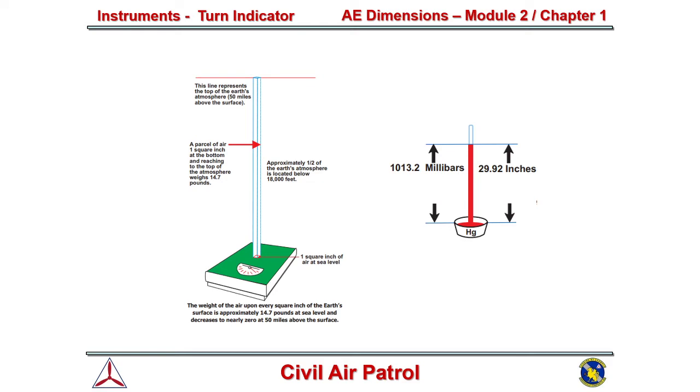Now, if you are measuring this in an aircraft, you'll hear it say 29.92. That's standard for air pressure. And so let's say you were at an airport and they said pressure is 30.02.